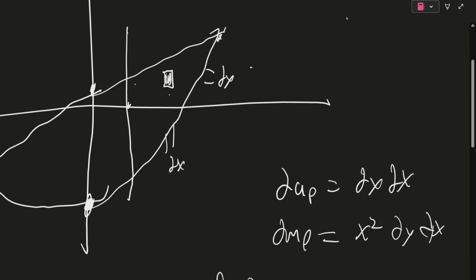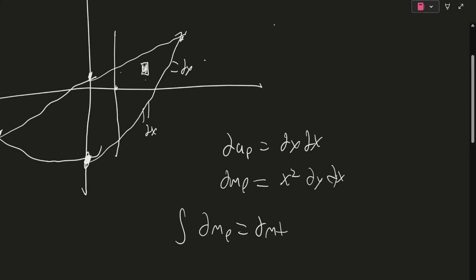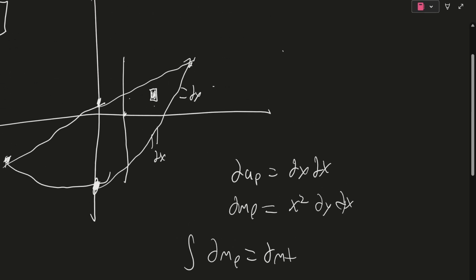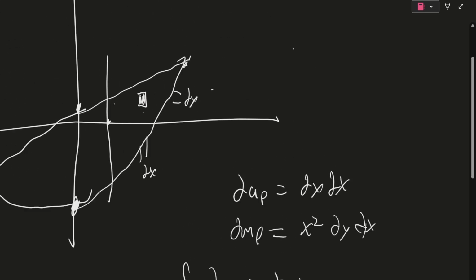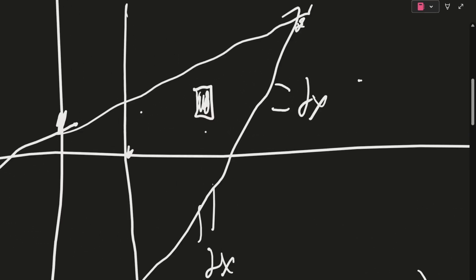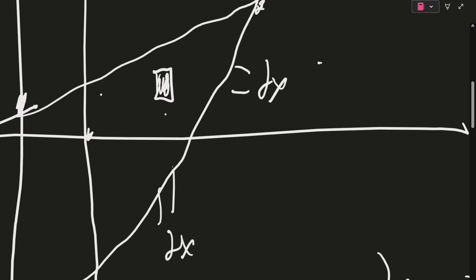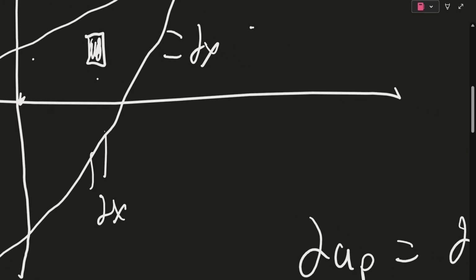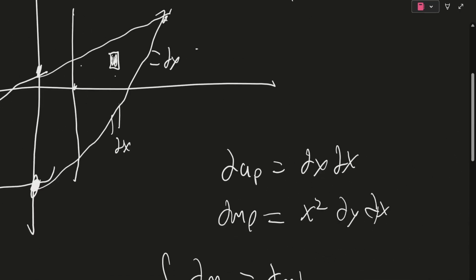So if we want to find the moment of inertia about our x value, we're going to integrate this from the bottom function to the top function.